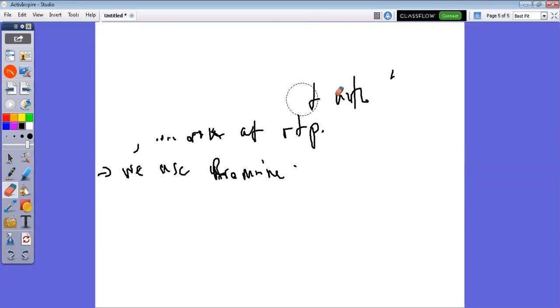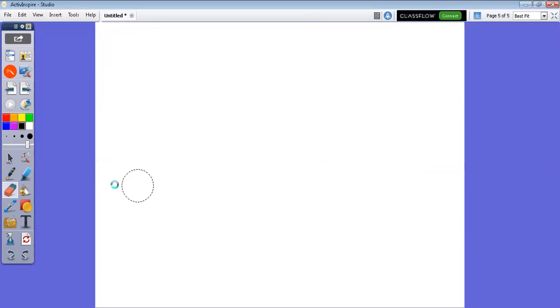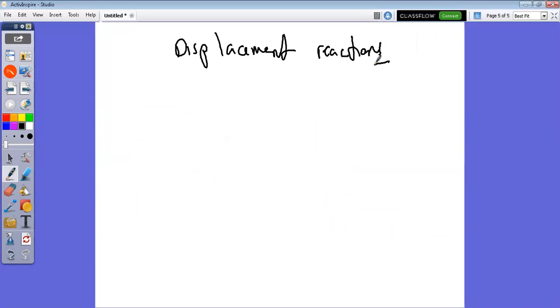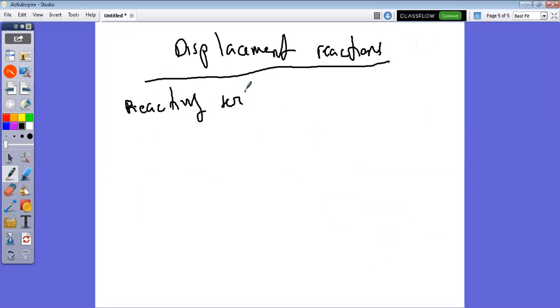Now, let's look at the special reactions called displacement reactions. Displacement reactions are to do with the reactivity series. Remember we talked about the reactivity series of group 7.